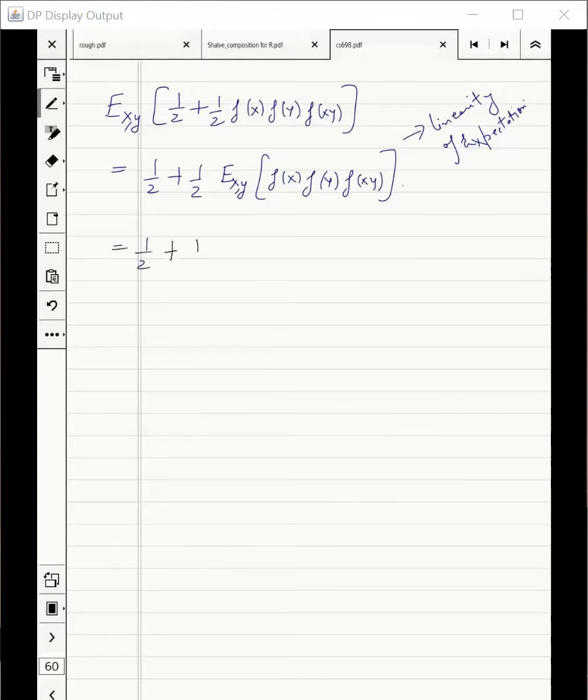And clearly, since y is independent of x, I can take f(x) outside. This is because, think of it as if you had written it as a summation, you can take f(x) outside the summation.